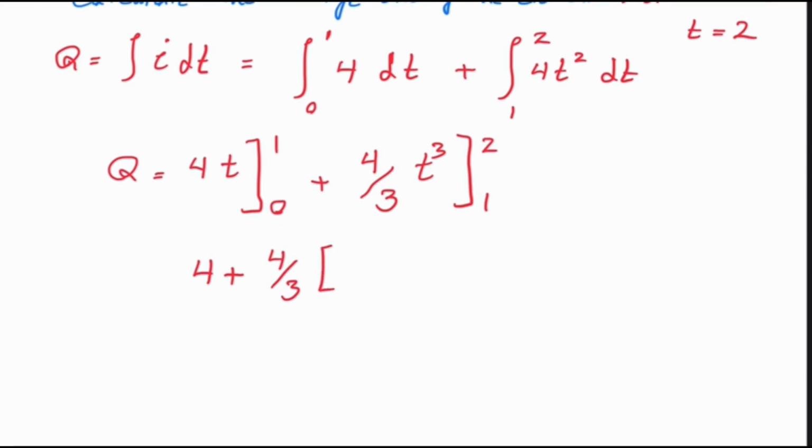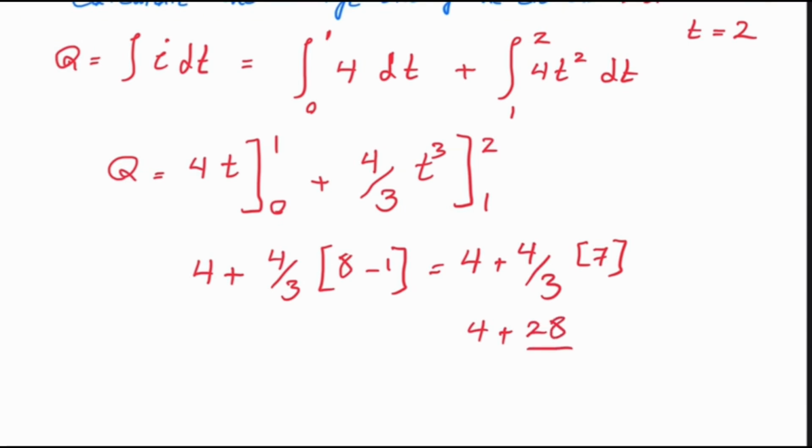If t is 2, it is 8, and if it is 1, it's minus 1. Therefore, I have 4 plus 4 over 3 times 7, or 4 plus 28 over 3, which gives me 13.33 coulombs.